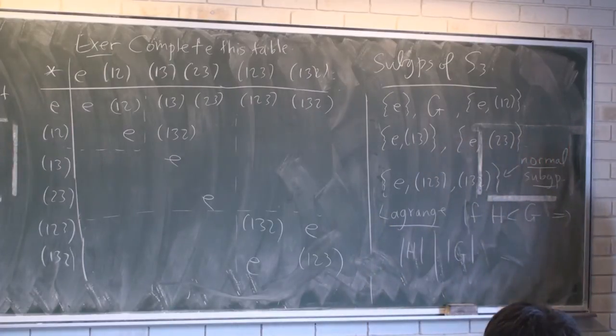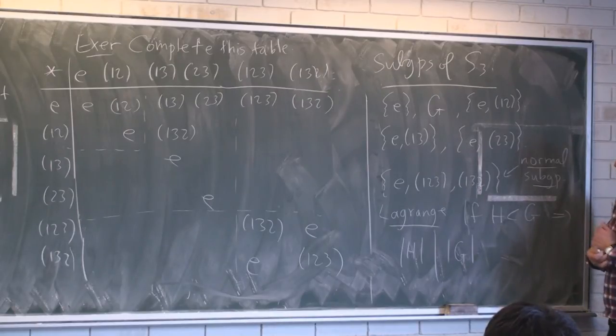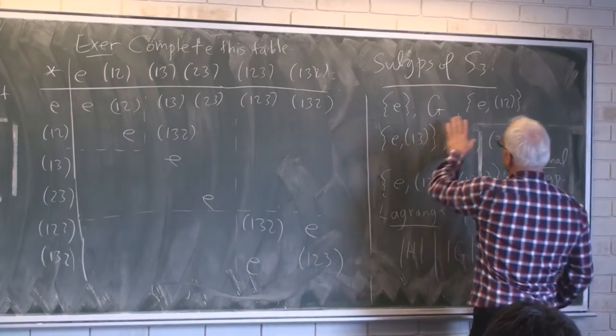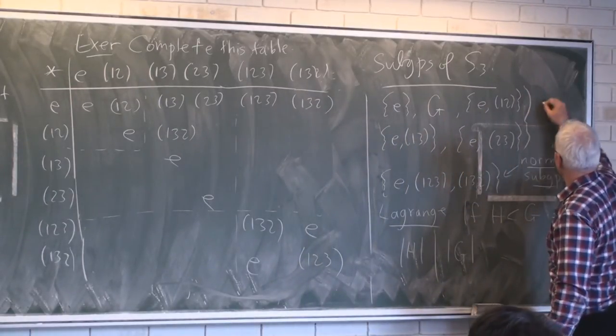What that means is that its left cosets and its right cosets are the same. If you have a group like these ones here, these are non-normal subgroups, these three here.